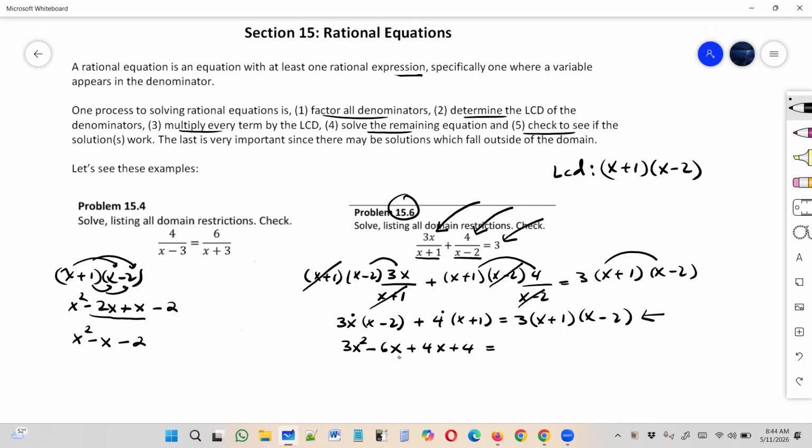So that has to be multiplied times the 3. So 3x squared minus 3x minus 6. Okay, that goes right here.